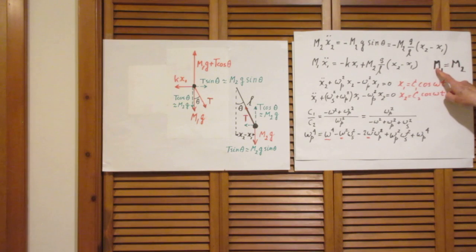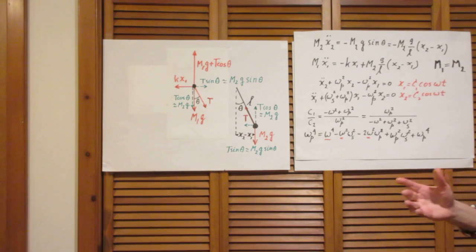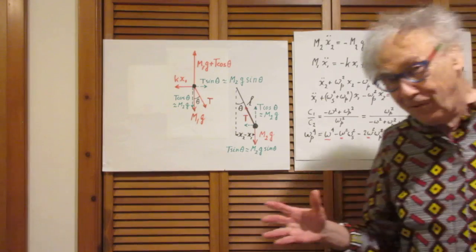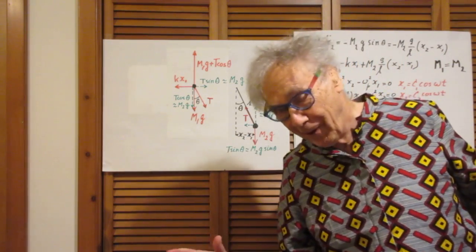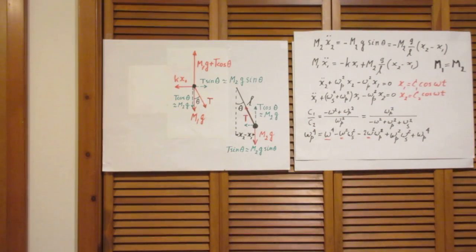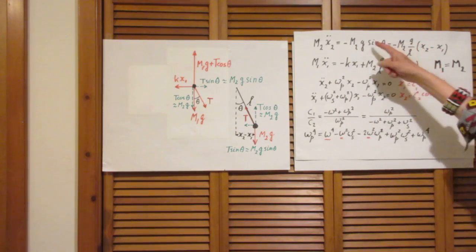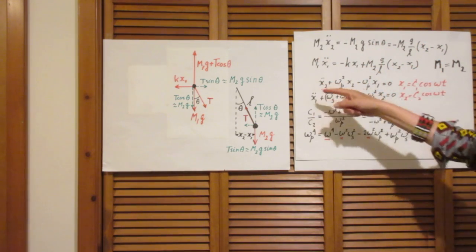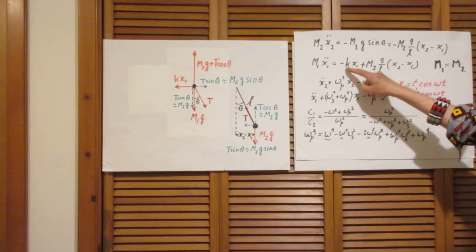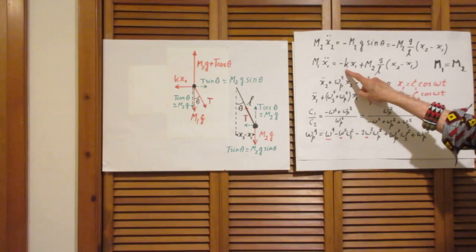Now m1 equals m2. That was a given. If not, then the situation becomes rather complicated. And so we can divide m out everywhere. There's an m here, m here, m here, there's an m here, there's an m here. And here we divide by m.